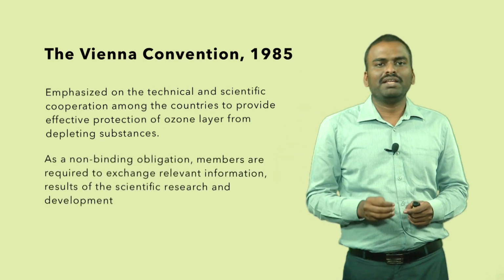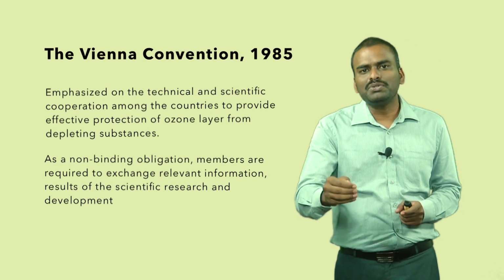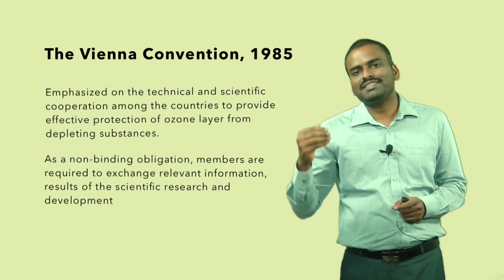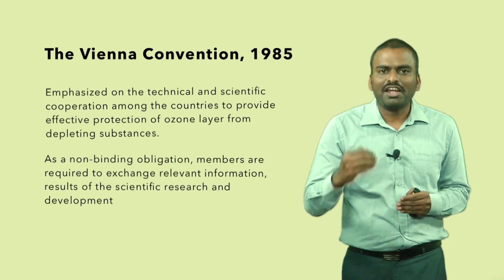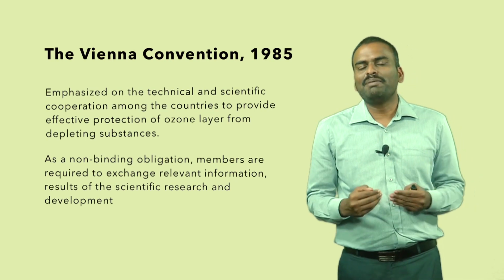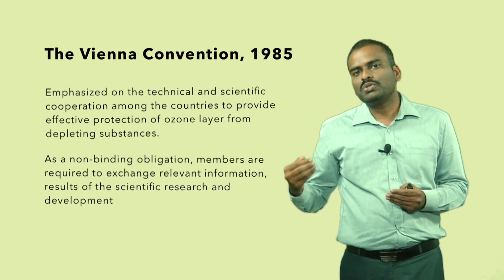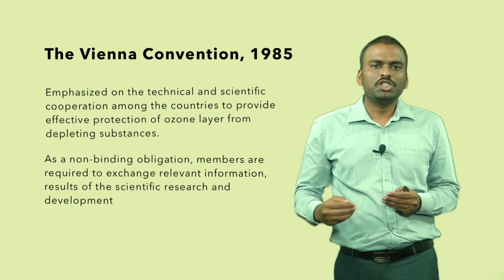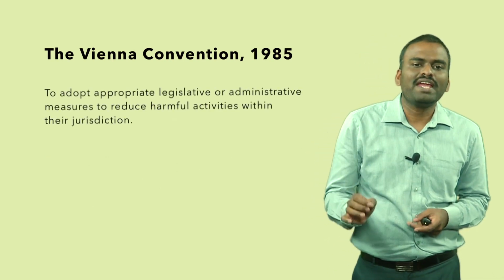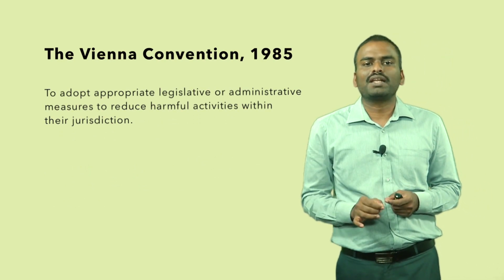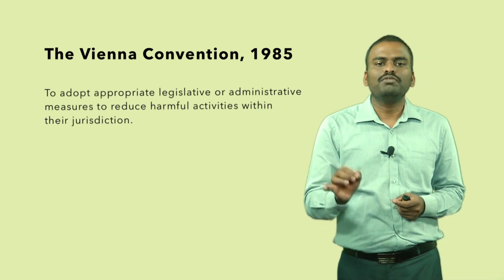As a non-binding obligation, the Vienna Convention mandated member countries to reduce the usage of ozone depleting substances at their domestic level, and further mandated the member countries to fix their own level of reducing the ozone depleting substances, in short called ODS, and to adopt an appropriate legislative and administrative framework at the domestic level to reduce the usage of harmful activities.